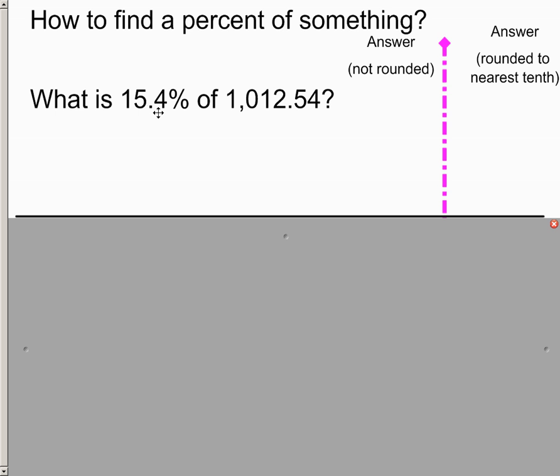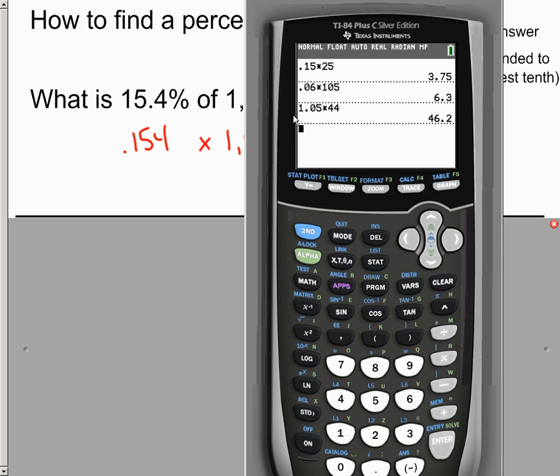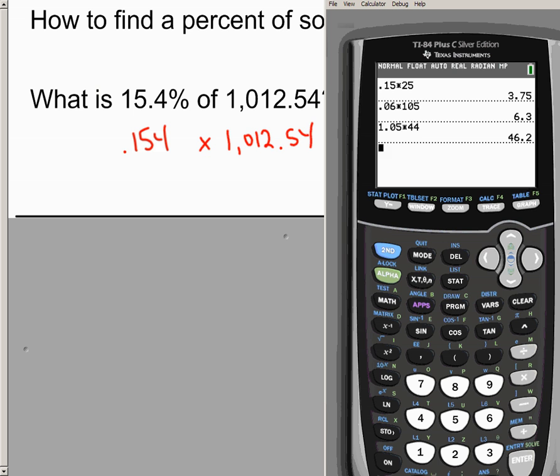Sometimes you'll have percentages that have a decimal place in them already. Again, you have to know how to set it up as a decimal. We would move it over 2 spots to the left. So 0.154 times 1,012.54. Even though this has decimals, it's not that big of a deal because, again, how hard is it to pick up a calculator and just take your time? I'm checking the problem against what's in my calculator as I go.